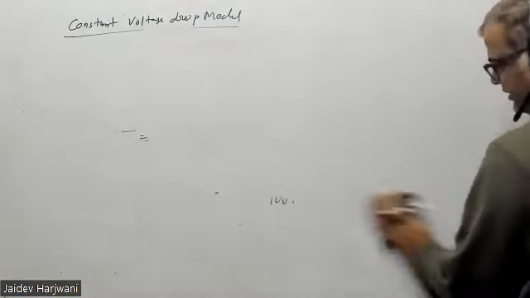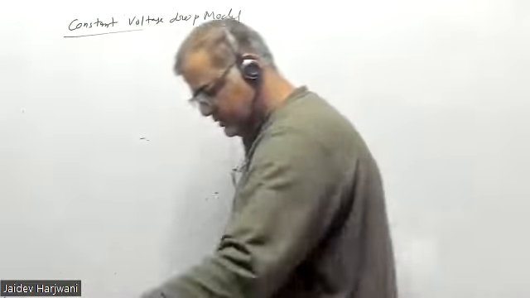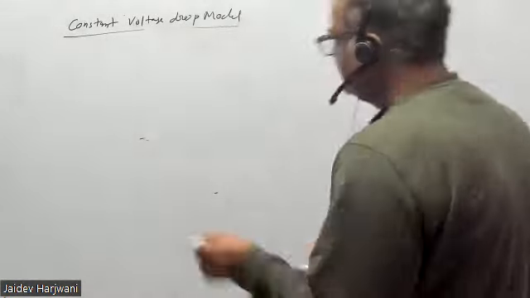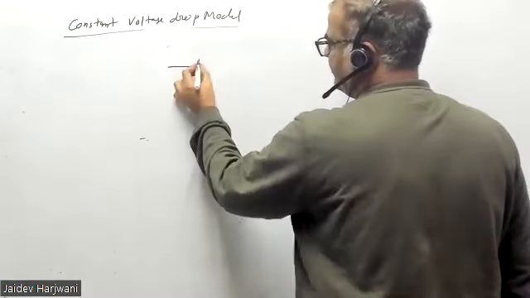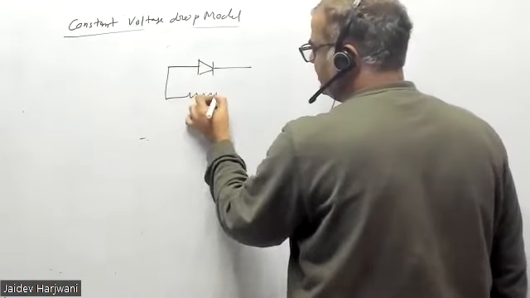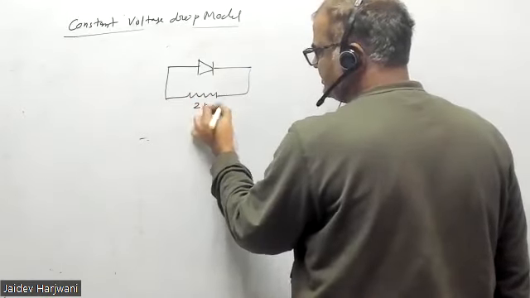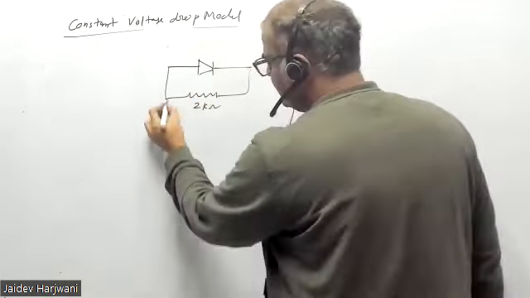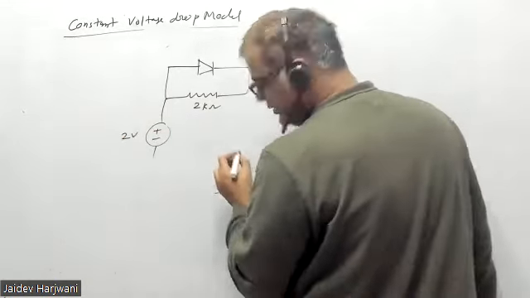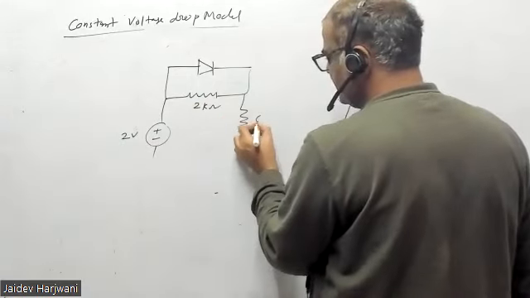Let me give one more problem. Say you have one diode here, and then you have a 2 kilo ohm resistance here, and this is your plus minus 2 volt, and here a 6 kilo ohm resistance.